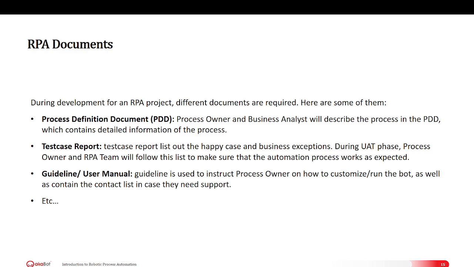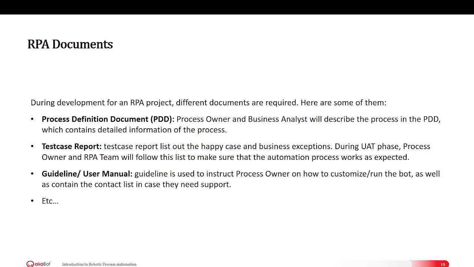Then, the RPA documents. Definitely, we need something to be recorded while we create a process. So during the development of an RPA project, different documents are required. Here are some of them. The process definition document, PDD.